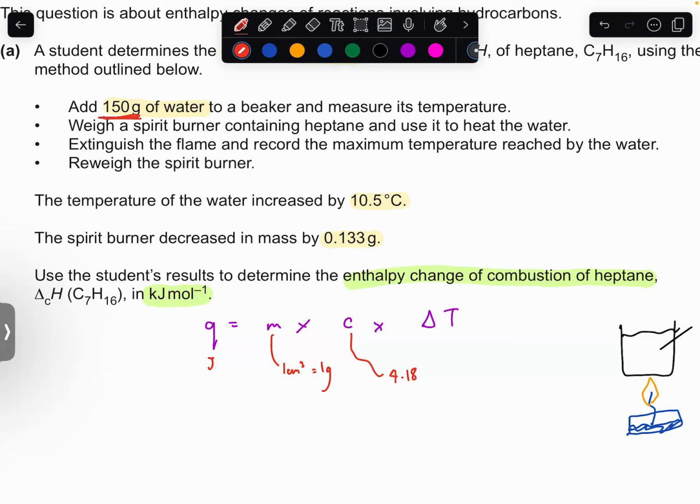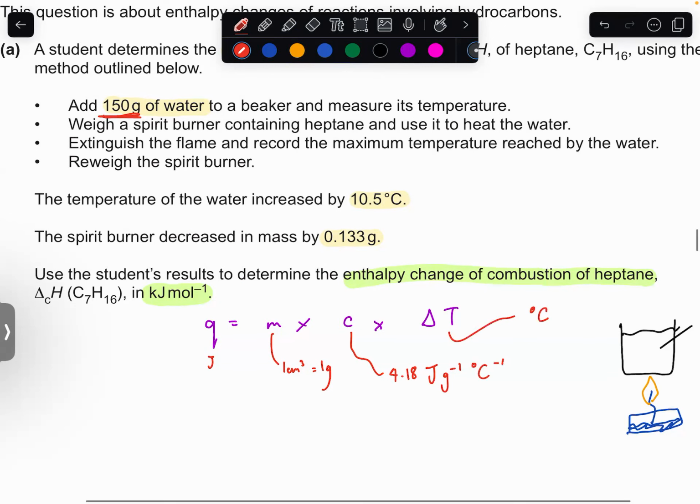And the units of this is that 4.18 joules of energy is needed to heat 1 gram of water by 1 degree Celsius or 1 Kelvin. So you've got that. Temperature change is in degrees Celsius. It can be in Kelvin as well. Whether it's in Kelvin or degrees Celsius, it doesn't matter.